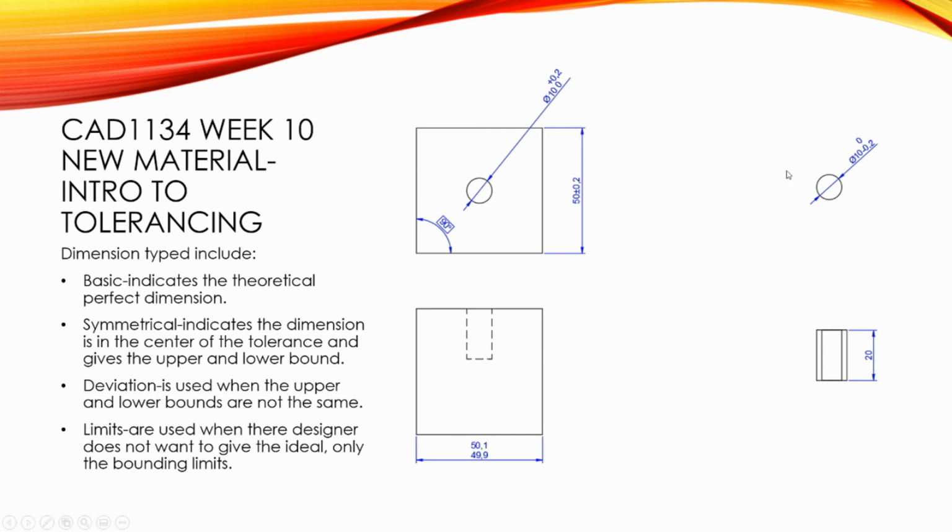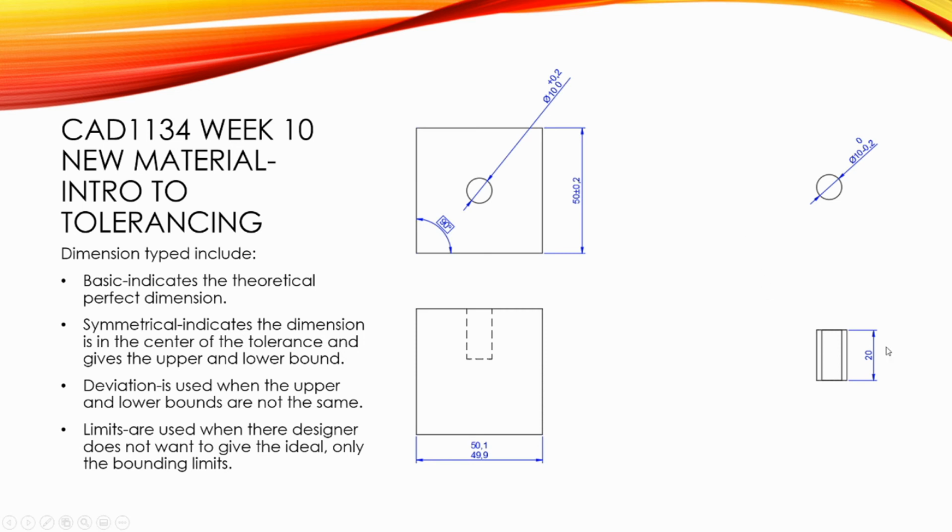It's the same as this pin. Perhaps the pin is going to be ground stock. I want to make sure that if anything, it's just a little bit smaller. So I don't want them going off machining every part to 9.9 millimeters just because I need to ensure these tolerances.